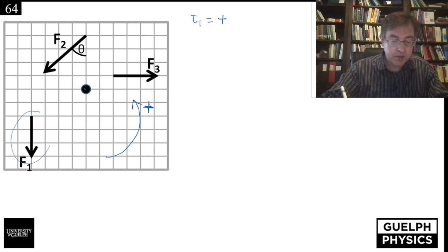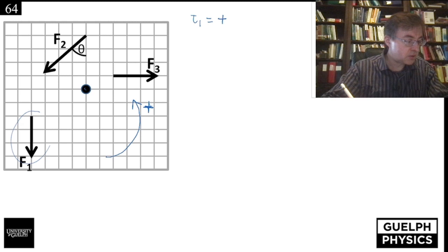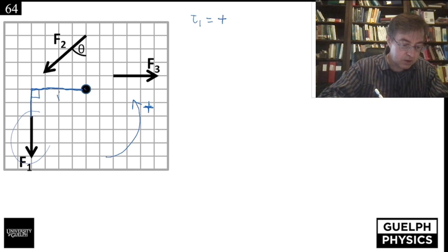And then the most convenient way to do this is to realize that I can calculate the torque if I just drop a line back here and look at this. This is a perpendicular, and this distance here I'll call r perpendicular 1.